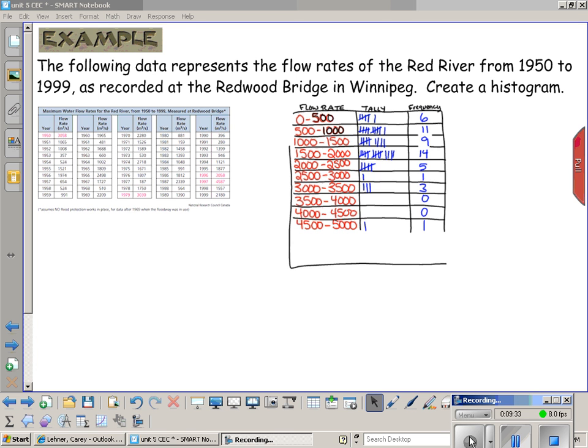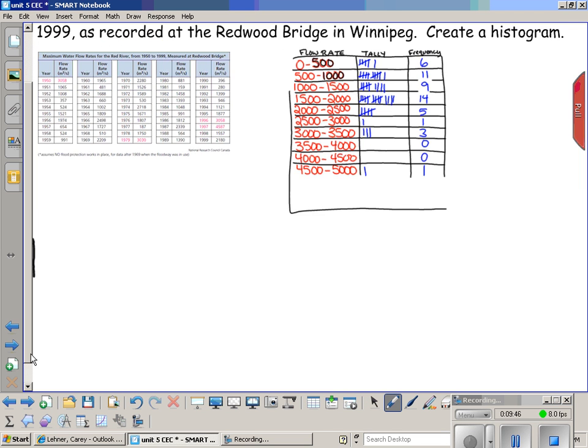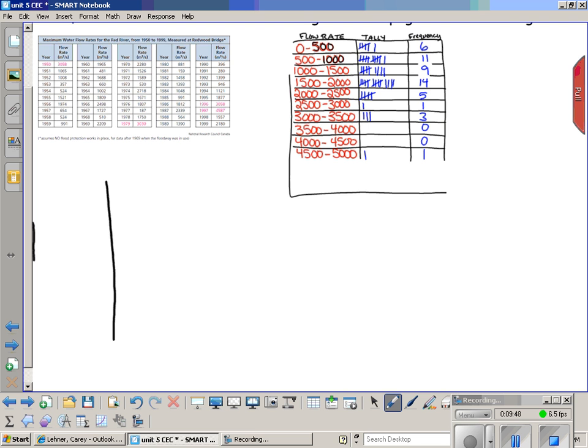If we were doing a totally different question, you would have to create your frequency table to begin with before you can create your histogram. But now for a histogram, we have an X and a Y axis, or a horizontal and a vertical axis. On our vertical axis, we're going to talk about our frequency, which was the number of years.